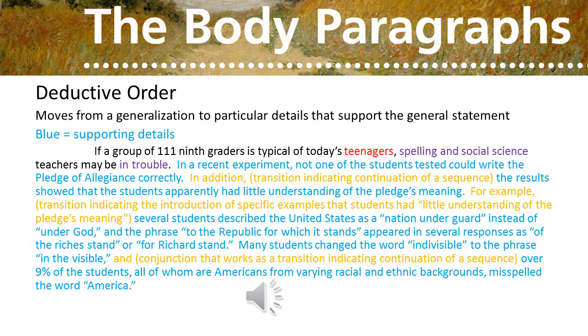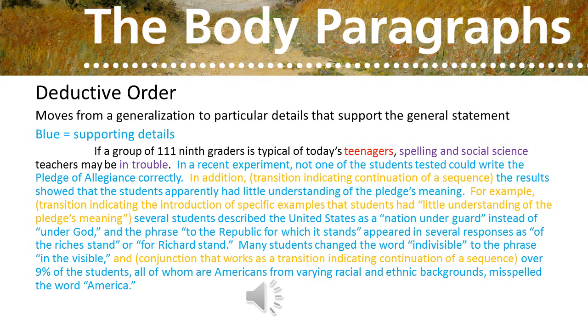Nevertheless, teenagers is clearly the subject, and there's trouble, which is obvious when you read the paragraph, and specifically in spelling and social science. So we're going to see how that works out. So, in a recent experiment, not one of the students tested could write the Pledge of Allegiance correctly. Well, that would be a problem with social science and maybe with spelling.